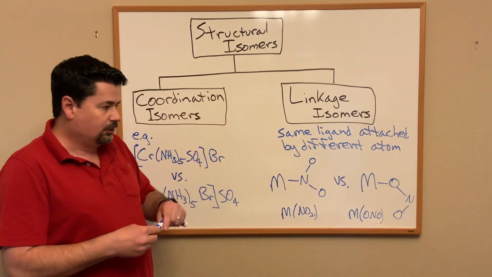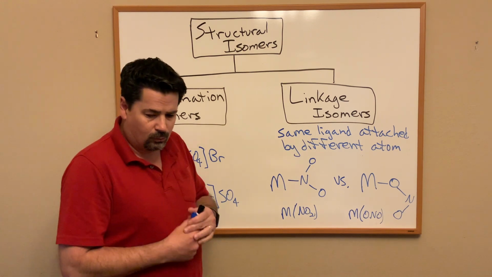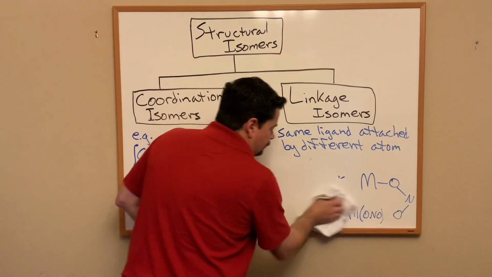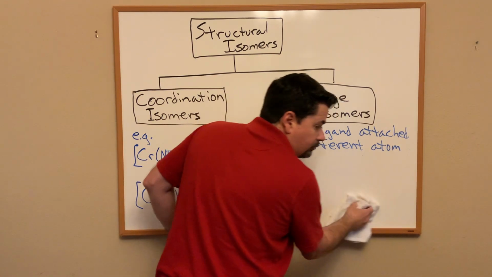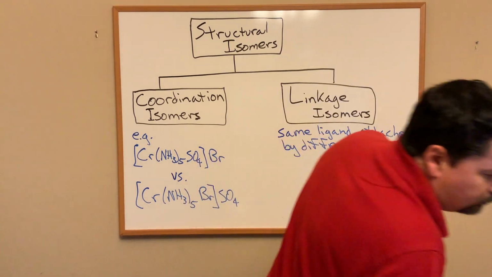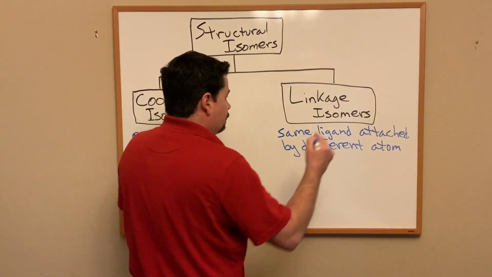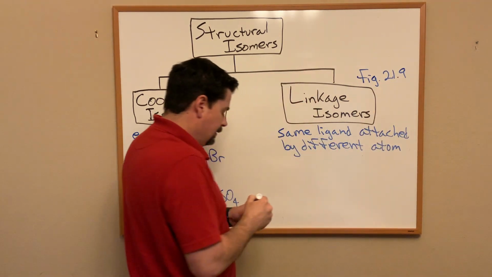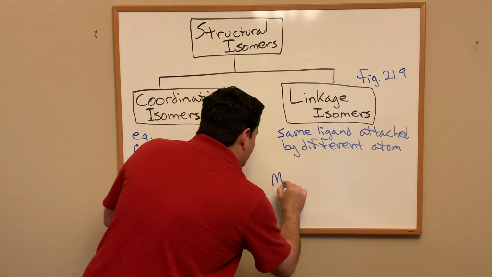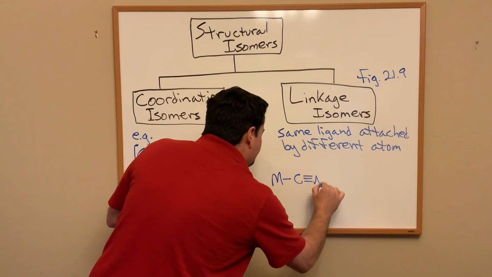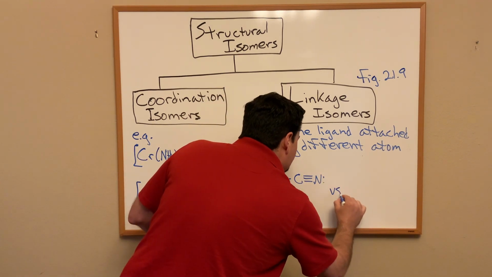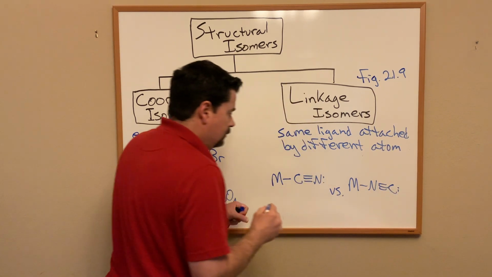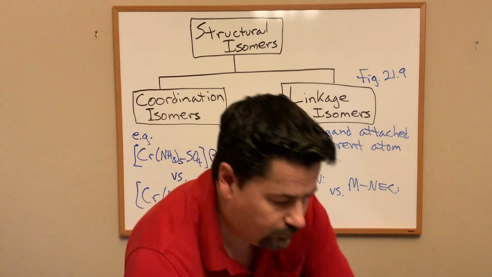We could see this in another example, which I'm going to erase this. It is in the text, figure 21.9. Just write that here, figure 21.9. And so we could have our metal, and then C triple bond N versus metal N triple bond C with a lone pair there.